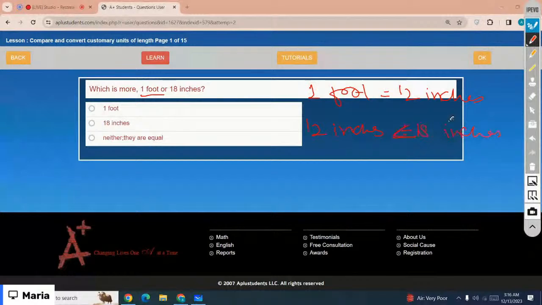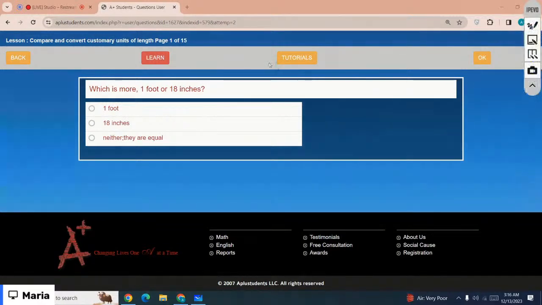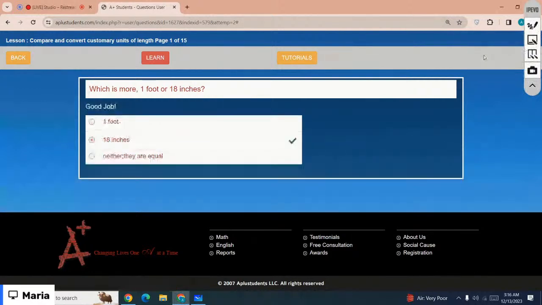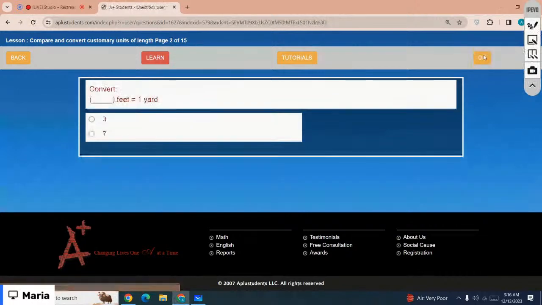So obviously, 18 inches is more than 1 foot. The correct option is 18 inches.